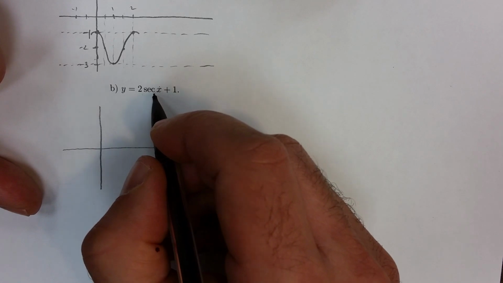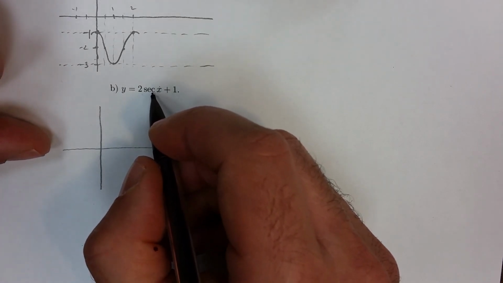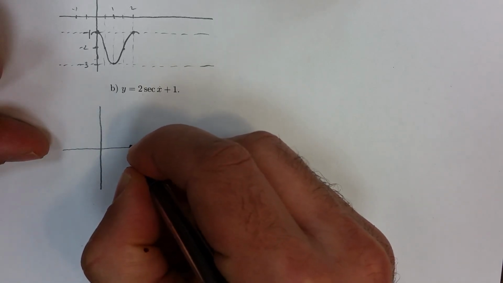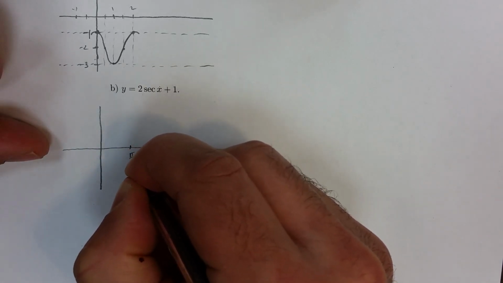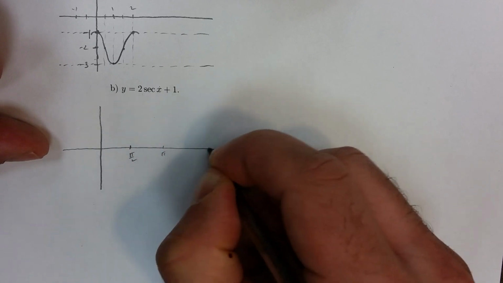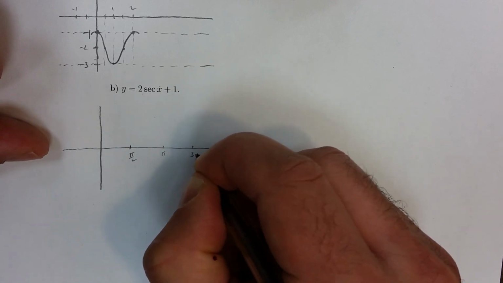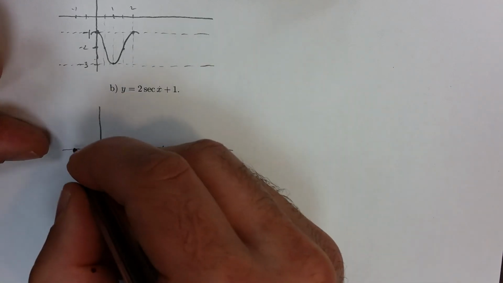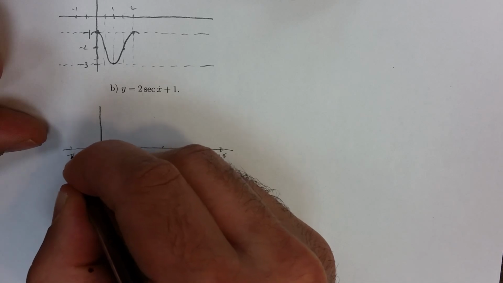1 over cosine has a vertical asymptote every time cosine is equal to 0. Now cosine is equal to 0 at pi over 2, at 3 pi over 2, at minus pi over 2.